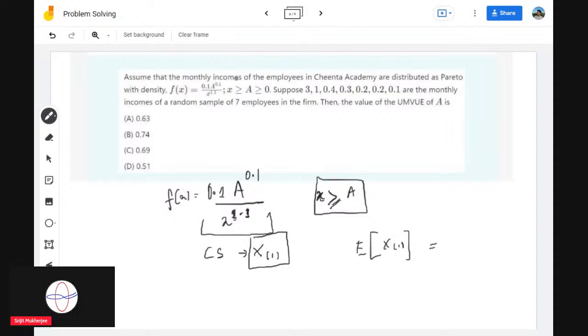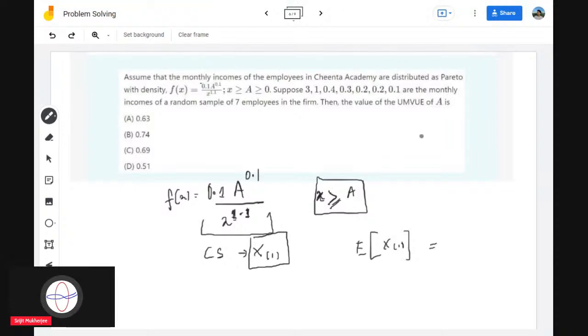I think there is a mistake in this question. I think that 0.1 times a to the power 0.1.